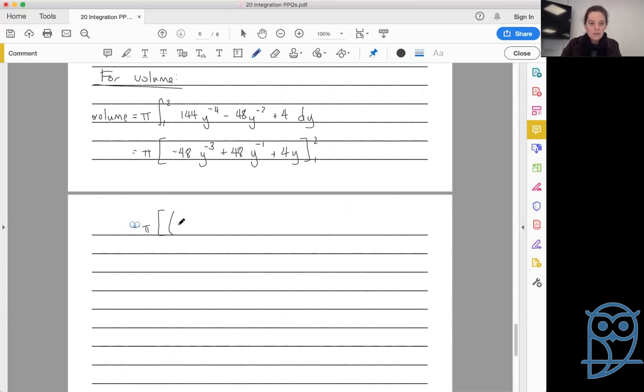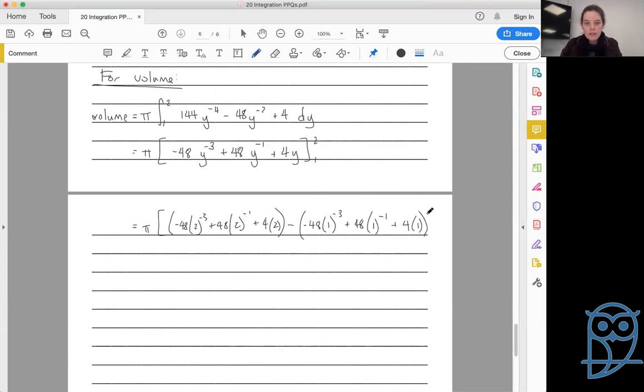So minus 48, 2 to the minus 3, plus 48, 2 to the minus 1, plus 4 by 2. Closing off the bracket for that limit, minus, opening a bracket for the other limit, minus 48, 1 to the minus 3, plus 48, 1 to the minus 1, plus 4 by 1.